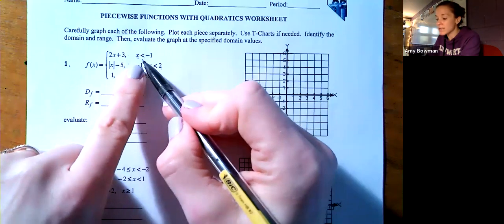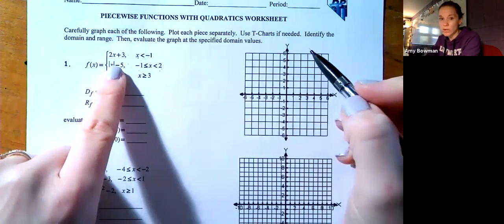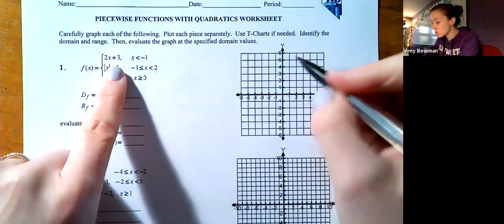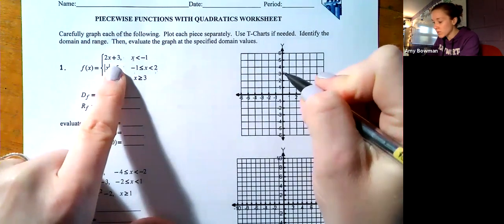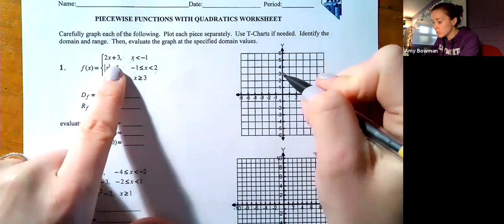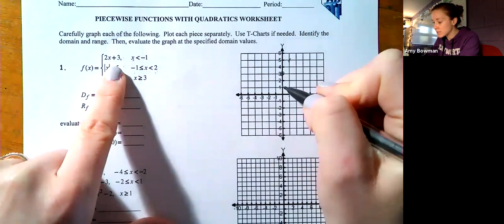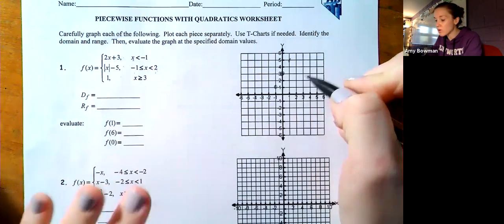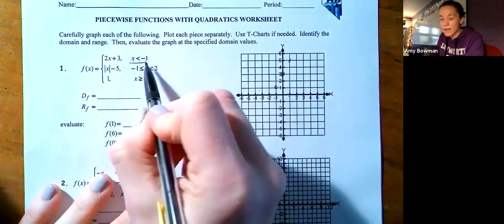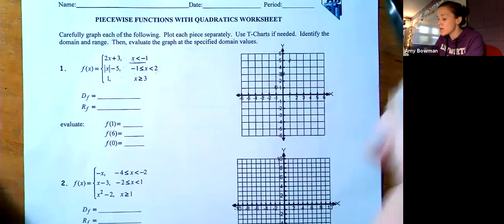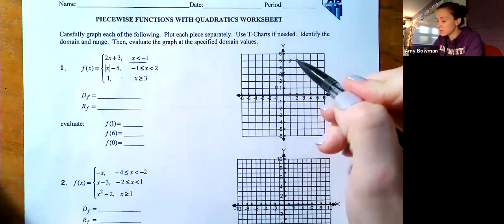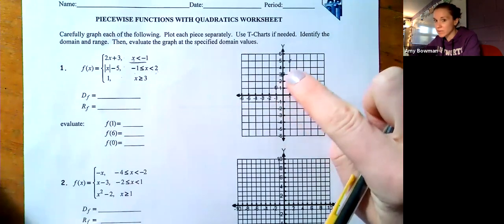So as long as x is less than negative 1, we're going to have the function 2x plus 3. You're used to graphing the y-intercept of 3 and a slope of 2. So we would put a point at 3 and then go up 2 over 1, and then left 2, down 1. However, this is only for when x is less than negative 1. So I'm not actually going to graph this part of the line right there.